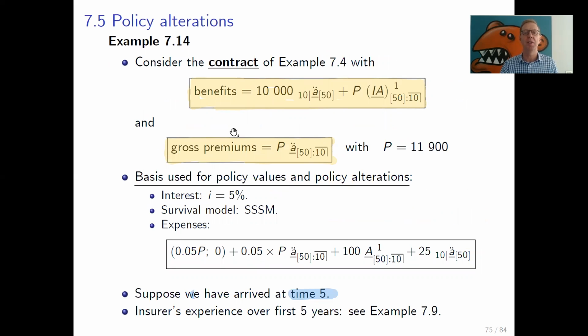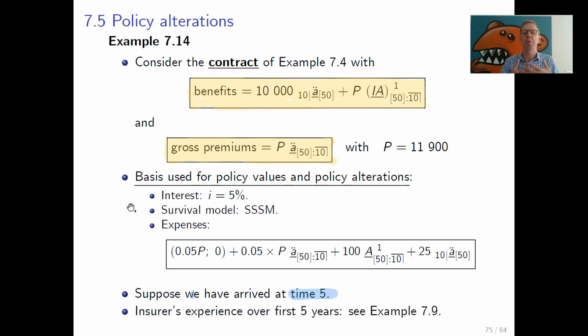So we consider the contract that we have considered before in example 7.4: the deferred annuity on a person of age 50 with an annuity amount of 10,000 paid yearly from time 60, from age 60 on. There is the premium refund guarantee, and there are the gross premiums paid with a premium 11,900.